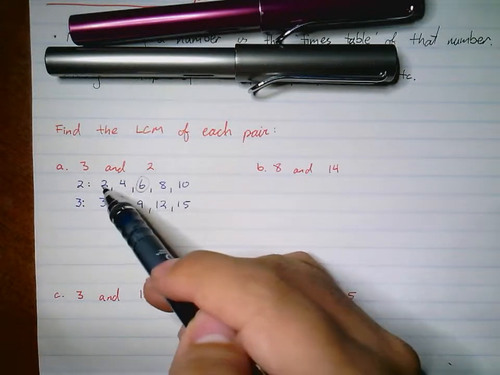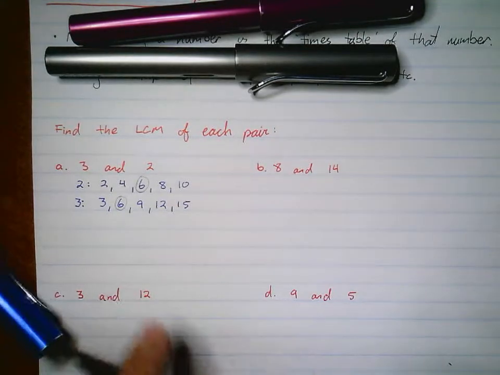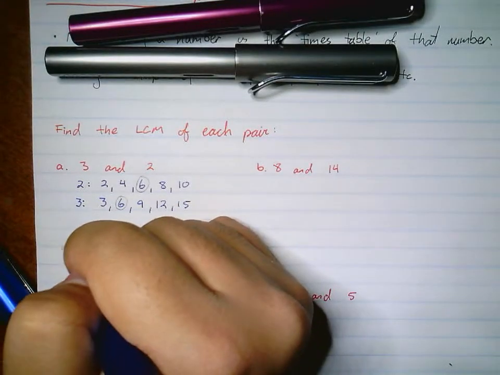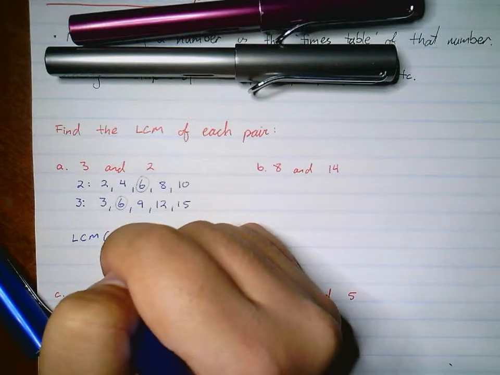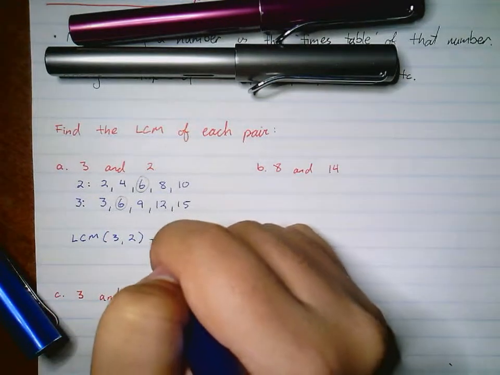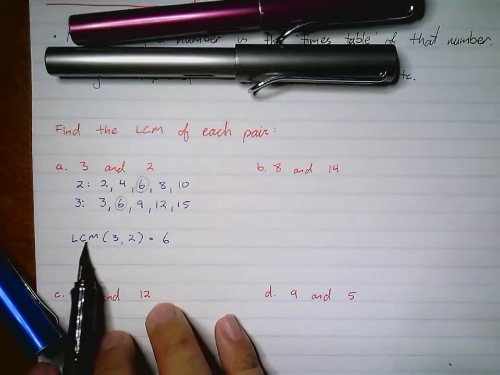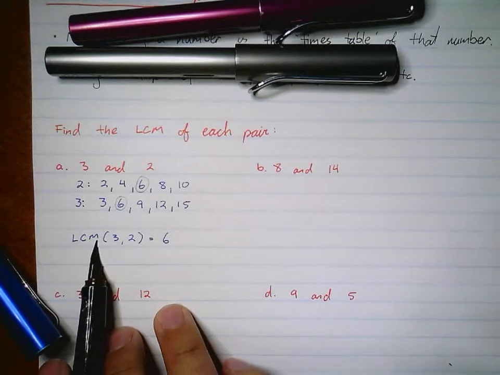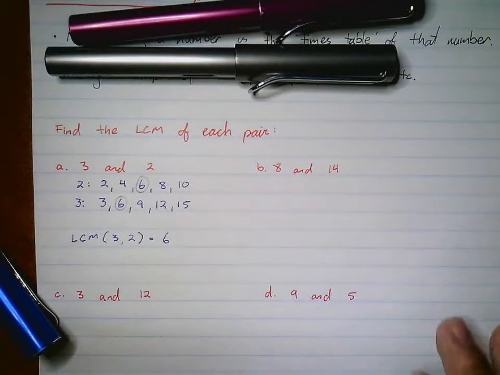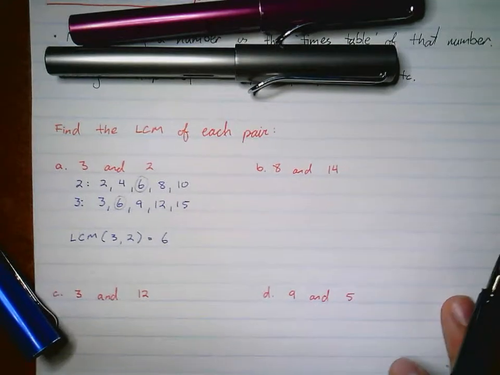And these two are the lowest ones that we can find. So the LCM, lowest common multiple of 3 and 2, is equal to 6. So this symbol means the lowest common multiple between 3 and 2. So LCM of 3, 2 is 6.